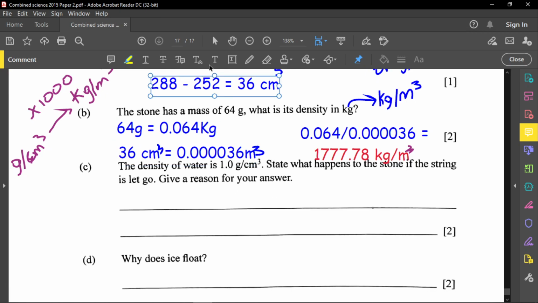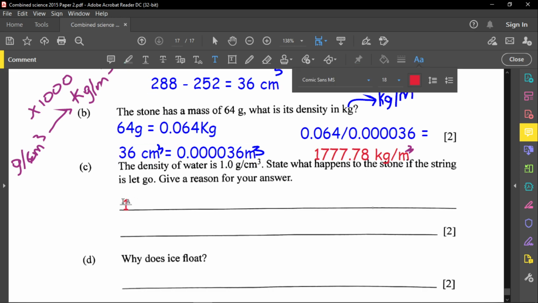So let me just quickly show you right here. If I divide the answer up there by 1,000, I will get 1.78 as the density for the stone. So this will be the density of the stone. That of water is 1 gram per centimeters cube. Okay, so just to make a note of that, we compare the densities. I'm just doing this to show you the reason for what I'm going to explain to you.